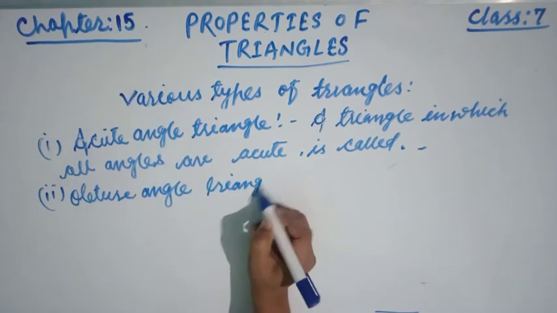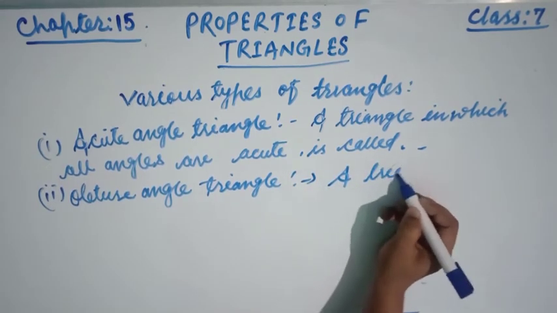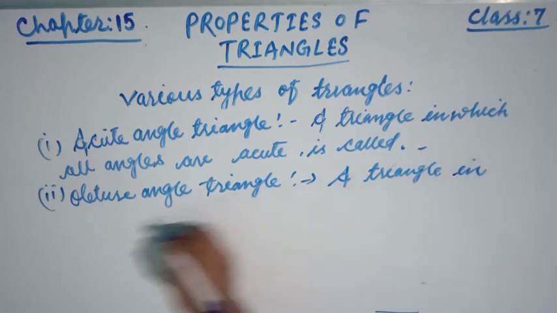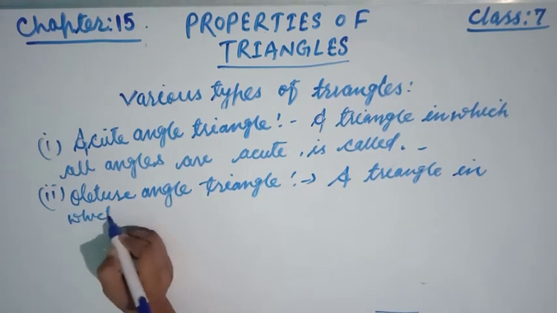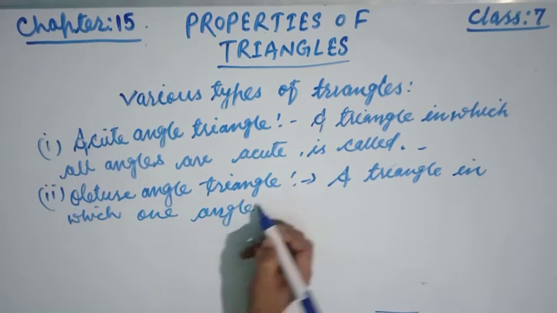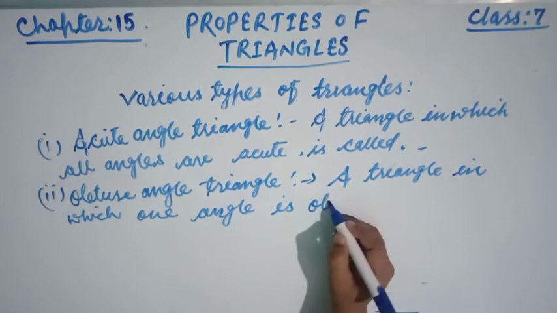So now friends, what about obtuse angle triangle? A triangle in which one angle is obtuse.